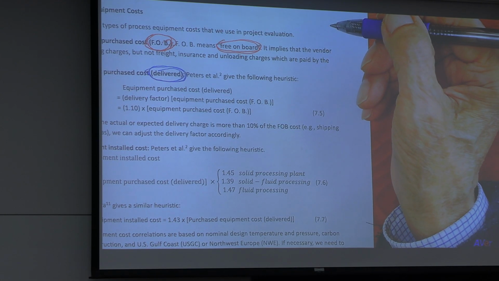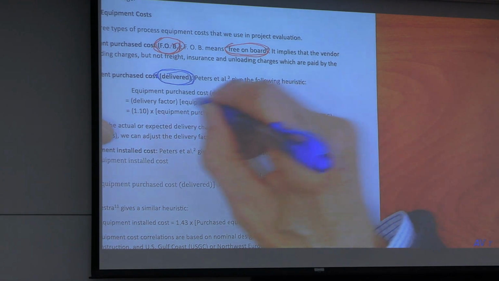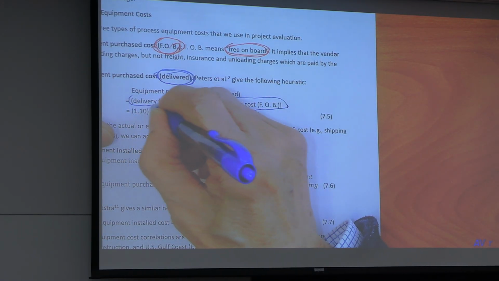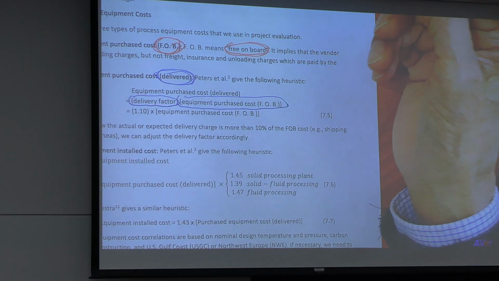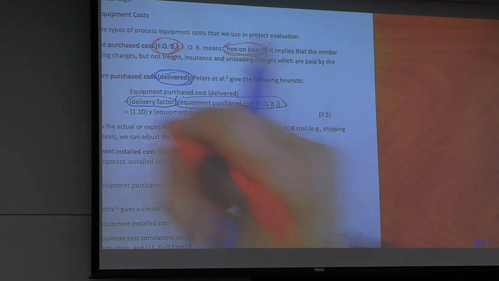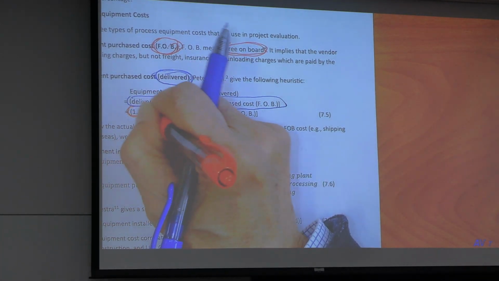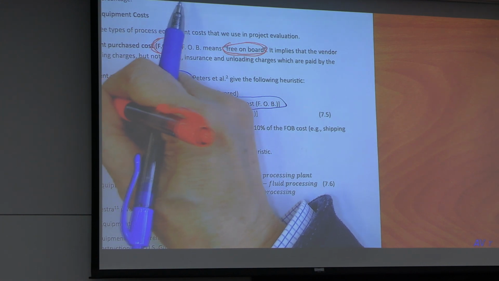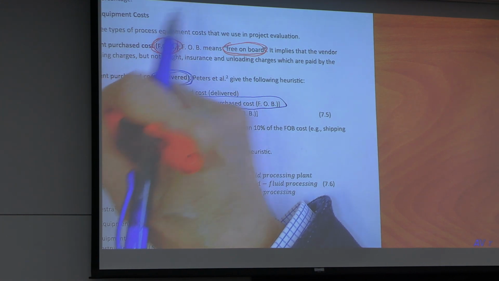Now, delivery equipment cost is FOB equipment cost times delivery factor. Heuristic is assuming 10% more. Exception, many exceptions, be flexible. You can change this number.